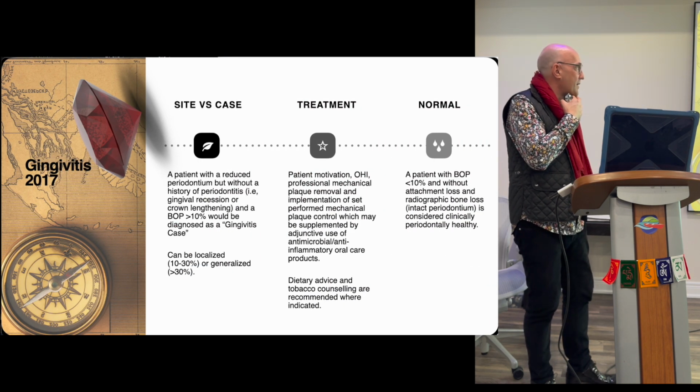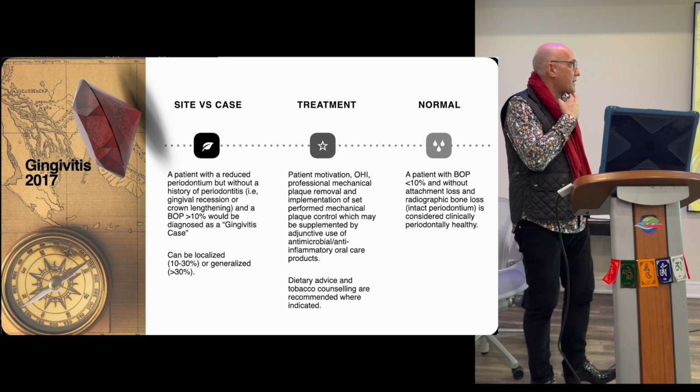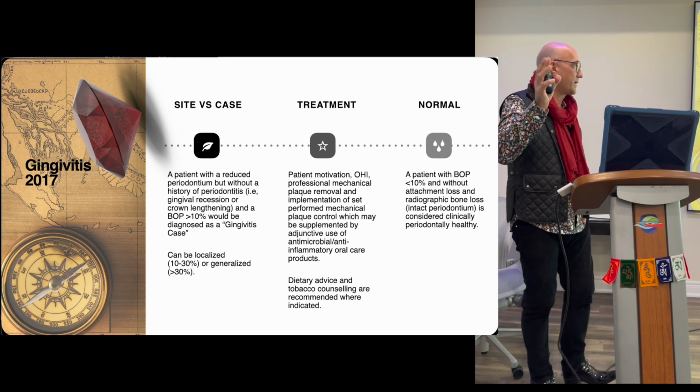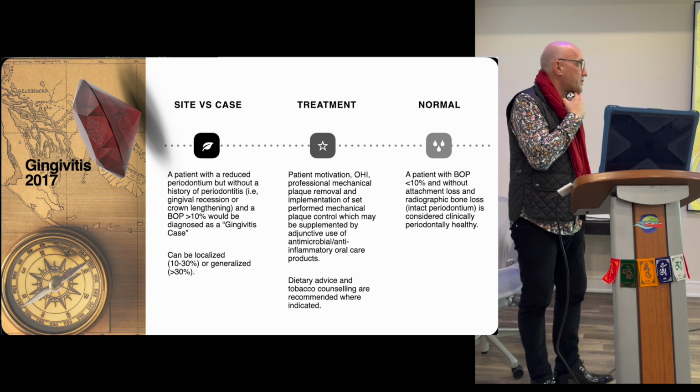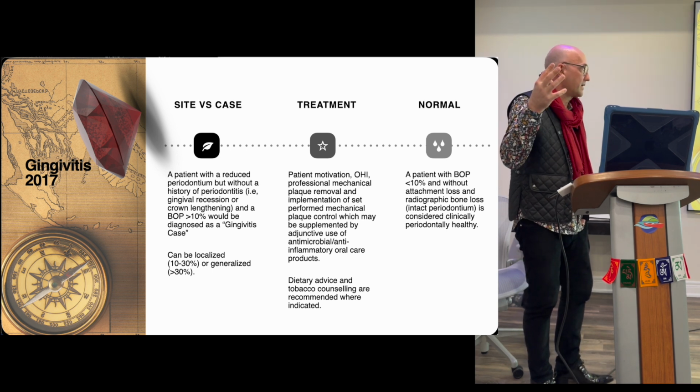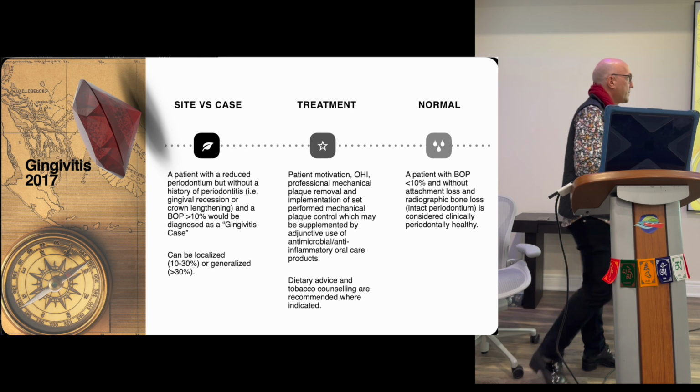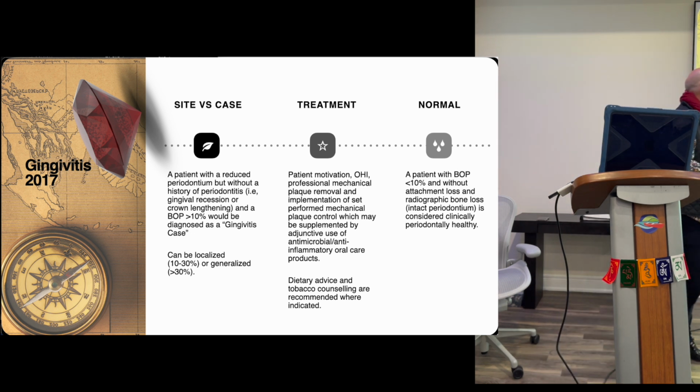So to review, when you're thinking about gingivitis, it can be localized or generalized. A patient with a reduced periodontium who has a history of periodontitis, and has bleeding on probing of more than 10%, is diagnosed as a gingivitis case, localized or generalized.